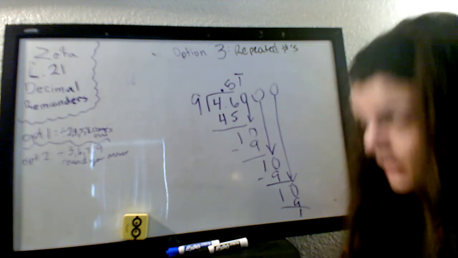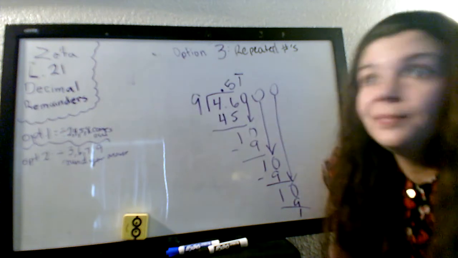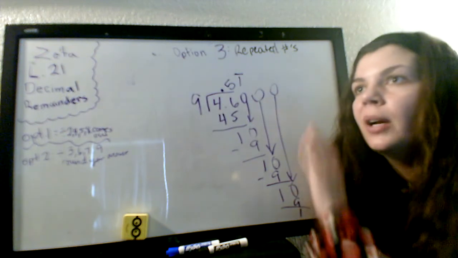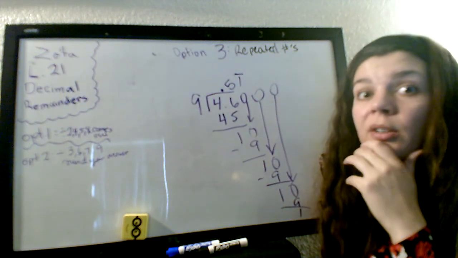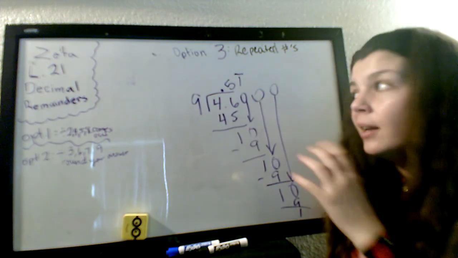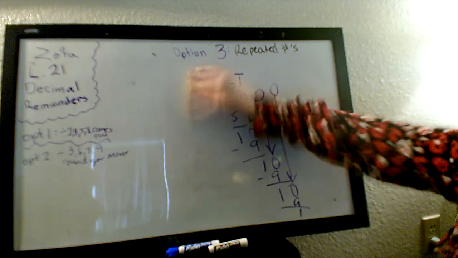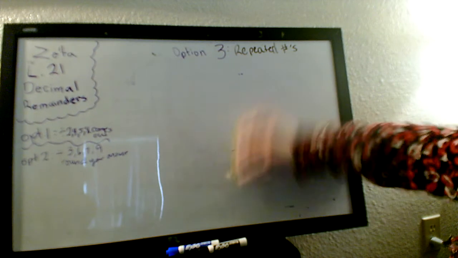Okay. Let's see. Now if you see a number, if it doesn't tell you to round to the hundredths place, that means that you could have a long answer. You know, let's see here.